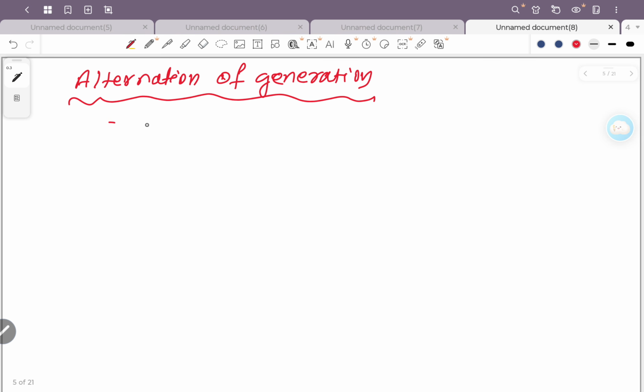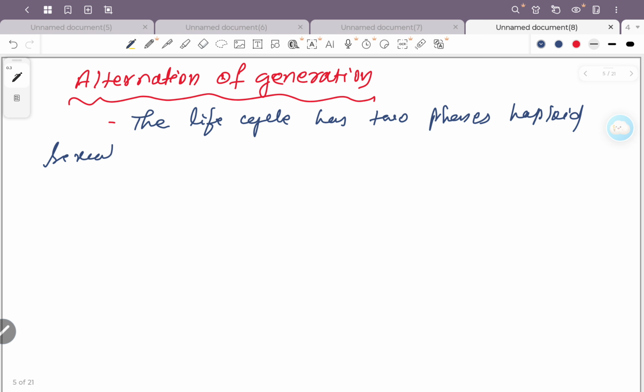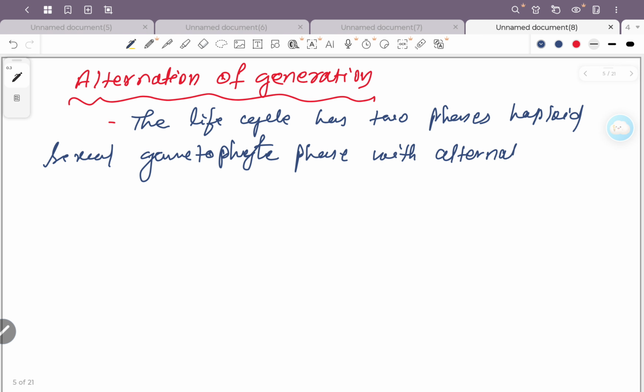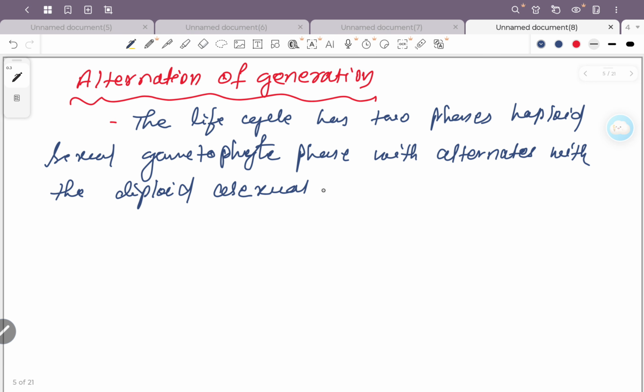So the life cycle has two phases: haploid sexual gametophyte phase, which alternates with the diploid asexual sporophyte phase.